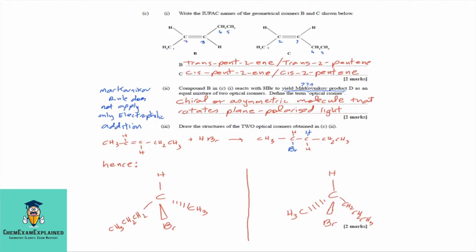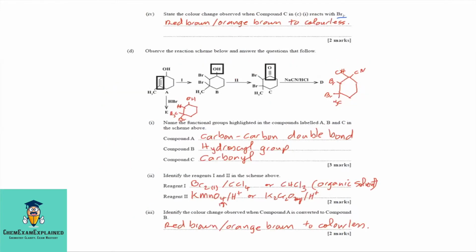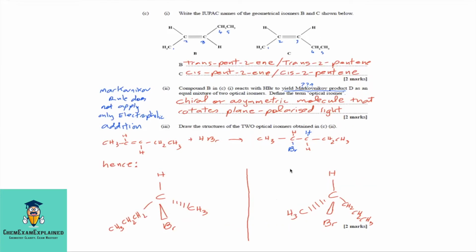So the best thing to produce a chiral carbon is to put the Br on the second carbon and the H on the third carbon, and I now produce 4 different groups, which makes my carbon a chiral carbon. And if I now have a chiral carbon, then the compound becomes a chiral compound.